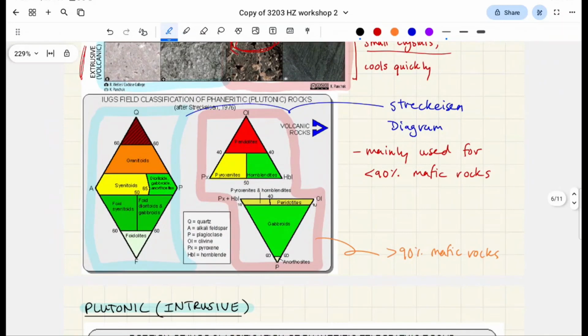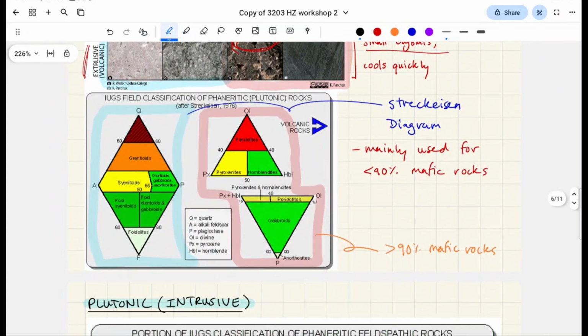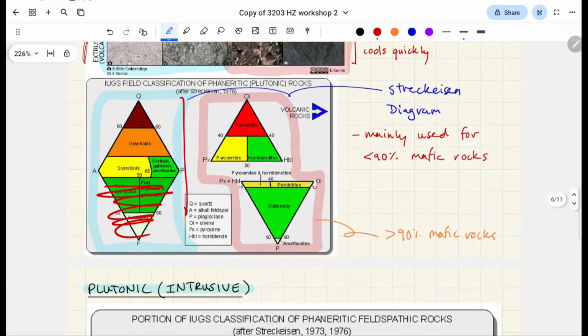So we're just going to keep going. Your Streckeisen diagram, basically the idea is that the bottom part of this is not so important because foidoids are very, very rare. So you just want to focus on this left part of the diagram here.